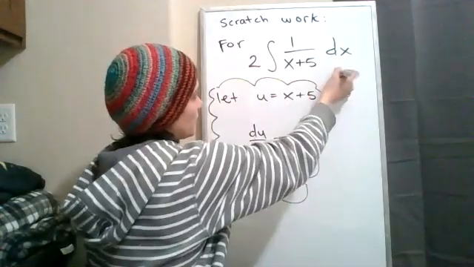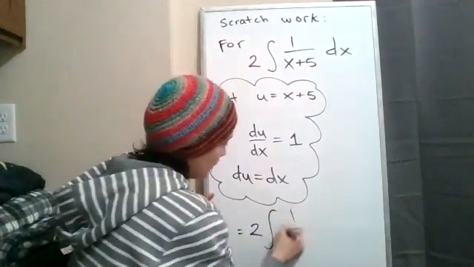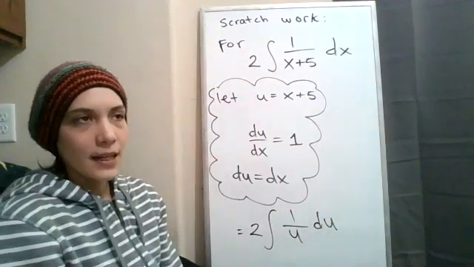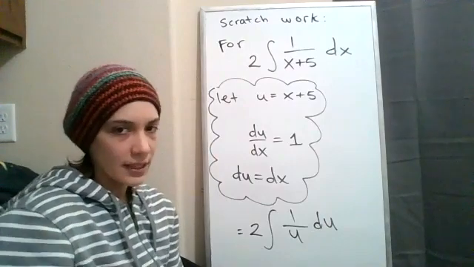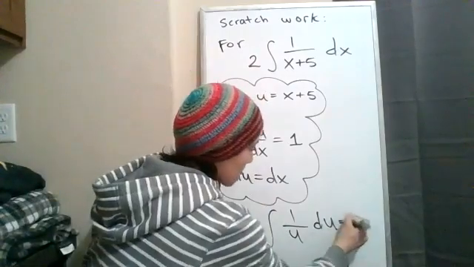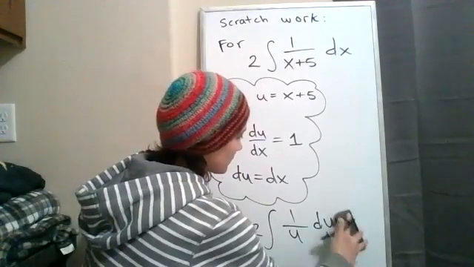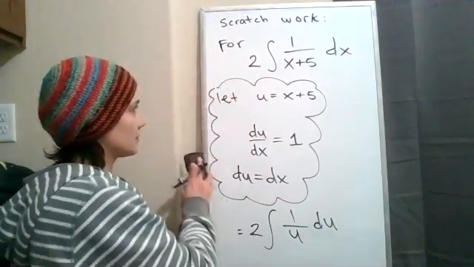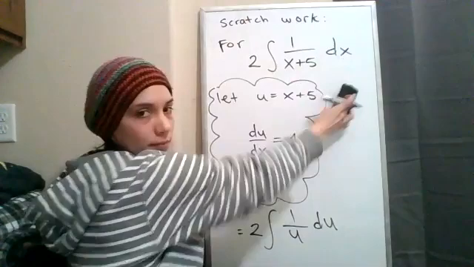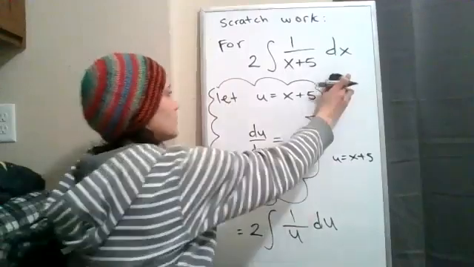Okay, so this will be the integral of 1 over u du. And that gives us 2 times ln absolute value of u, and then we'll put in u. Yeah, I'm going to need space. Let's do this. So, okay, cool.